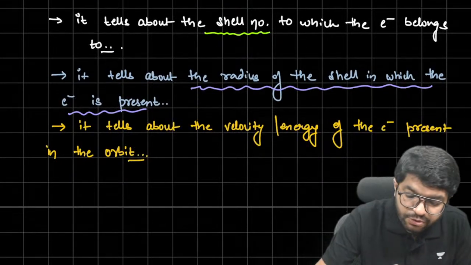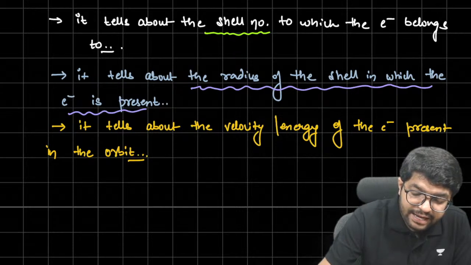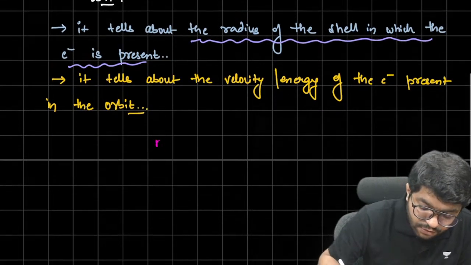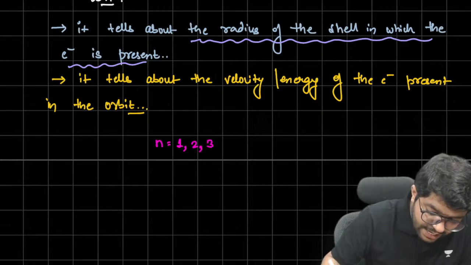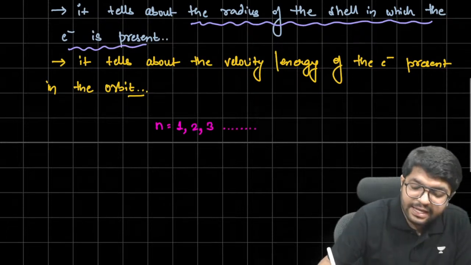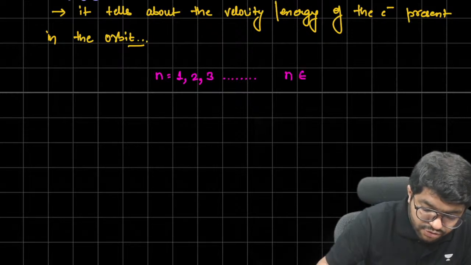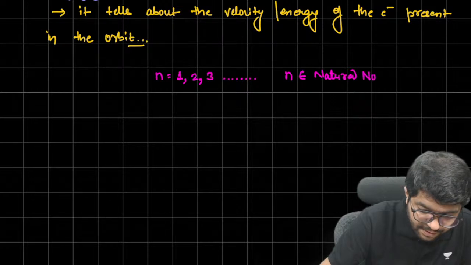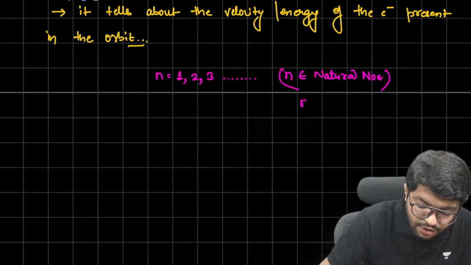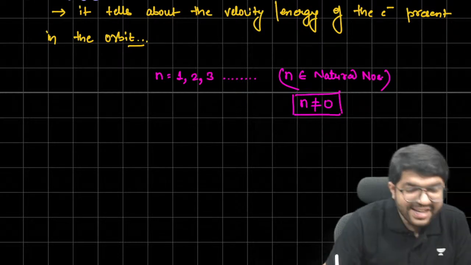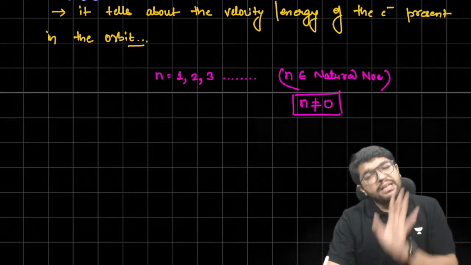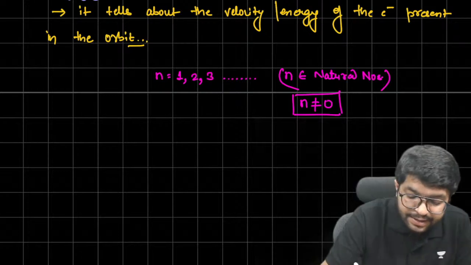I always need to know that the value of n could be 1, 2, 3, and so on. That is, n belongs to natural numbers. n cannot be 0. The 0th shell is nothing. The minimum shell number is 1.